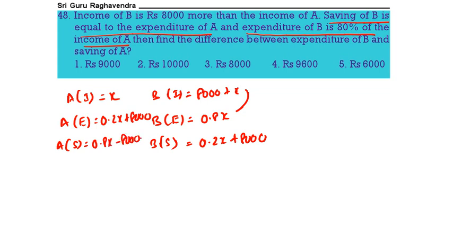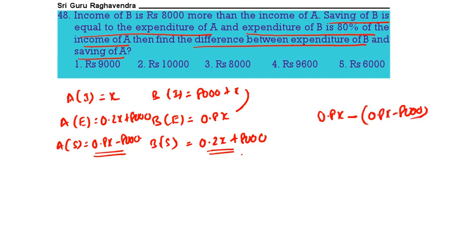Find the difference between expenditure of B, 0.8x, and saving of A, 0.8x minus 8,000. So 0.8x cancels, minus into minus plus, the difference is 8,000. Option 3 is the correct answer.